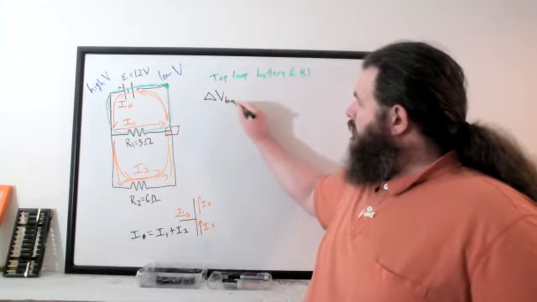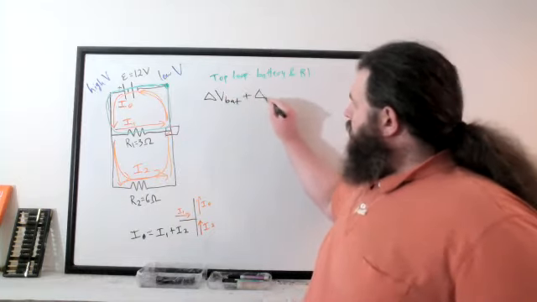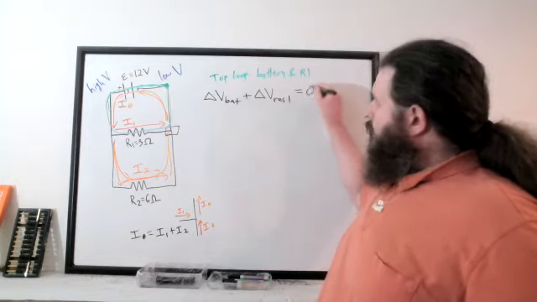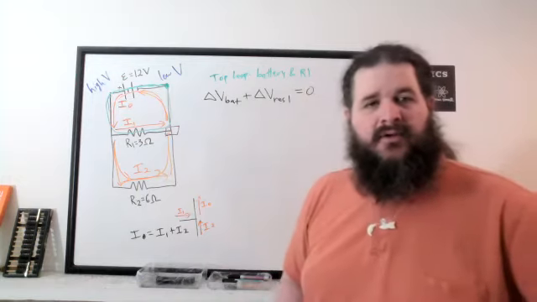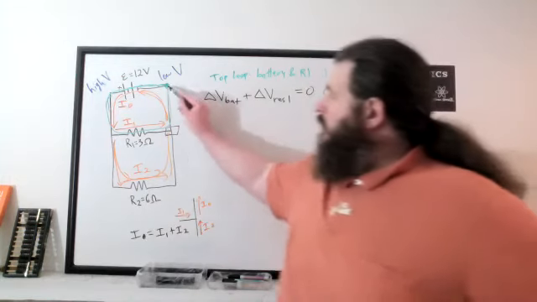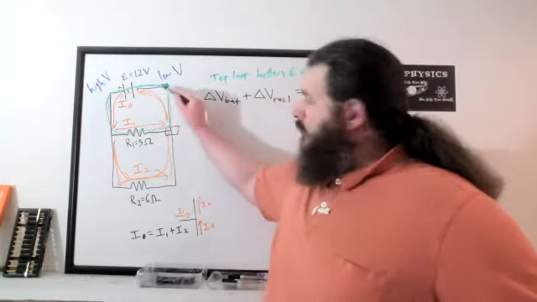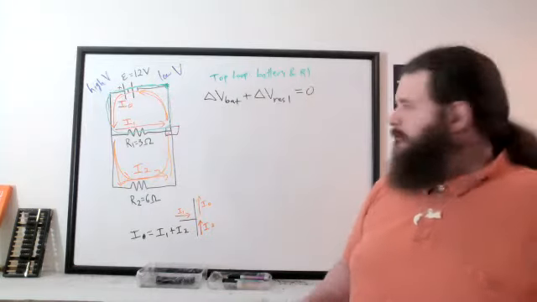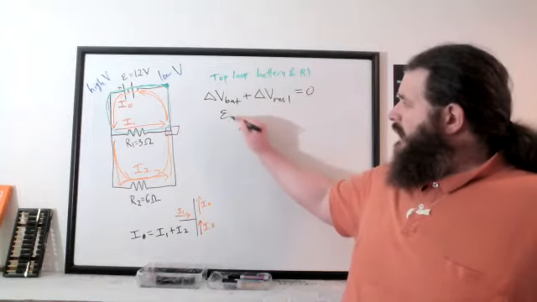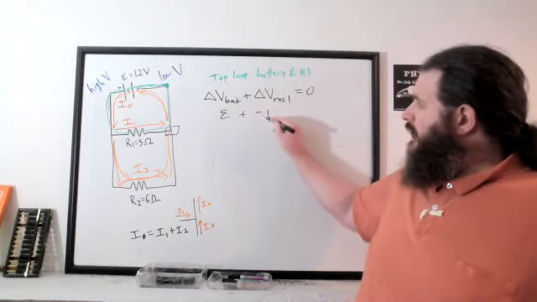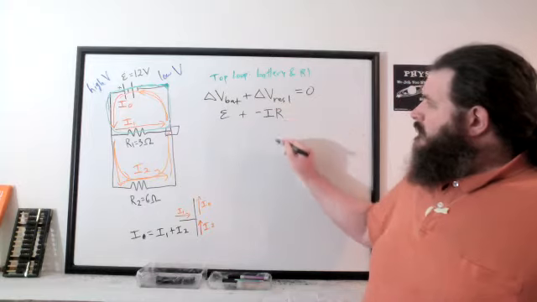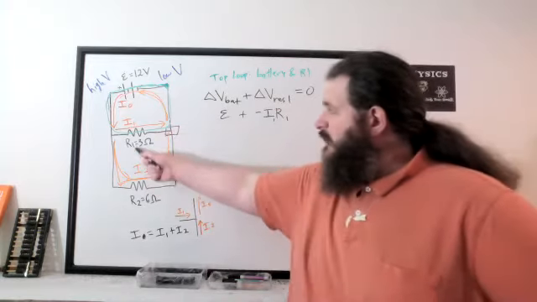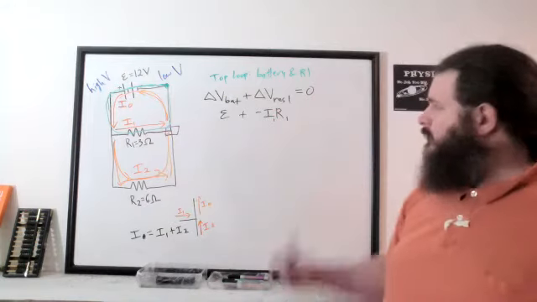Delta V for the battery plus delta V for resistor 1. Note that resistor 2 is not part of that loop, so it's not included in the equation. You're only including things that you pass through on that loop. Those then have to add up to 0. We fill these in with our usual epsilon and our usual negative IR. Specifically I1, R1. We've got to label those subscripts because it matters which resistance and which current we're talking about.